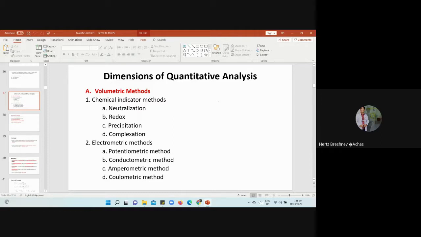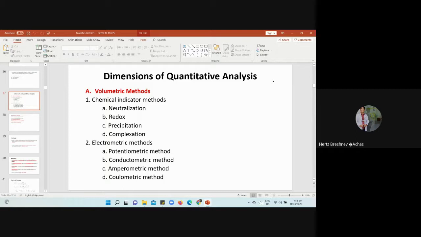We always mention that we will utilize the quantity of the substance in order to identify the four: safety, efficacy, stability, and purity of the substance.